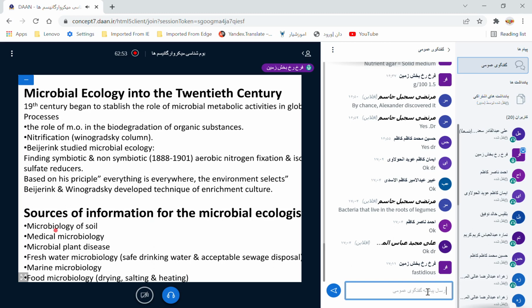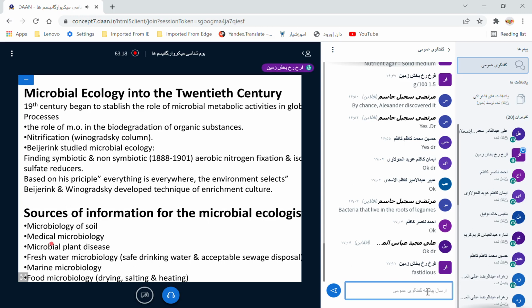Like what? One is microbiology of soil. Soil is full of different microbes with different interactions between them and between microbes and the environment.